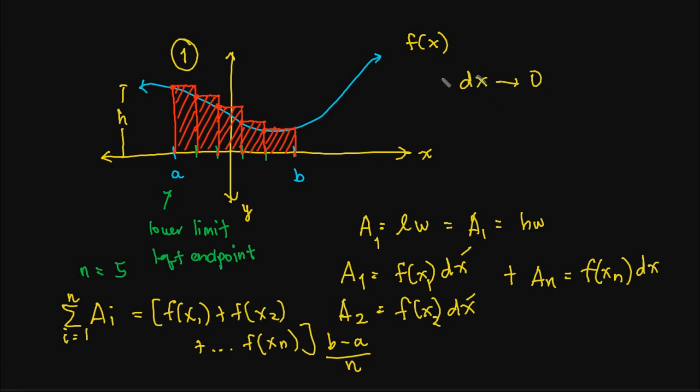So as this dx approaches to 0, we can say na ang ating area ay mas naging accurate. That's why our goal is to make this dx approach to 0, and as our number of partitions increases, then yung ating area becomes more accurate. And up to the point when n approaches to infinity, we could say that this is the exact value of your area under the curve, because that's basically what definite integral is all about.